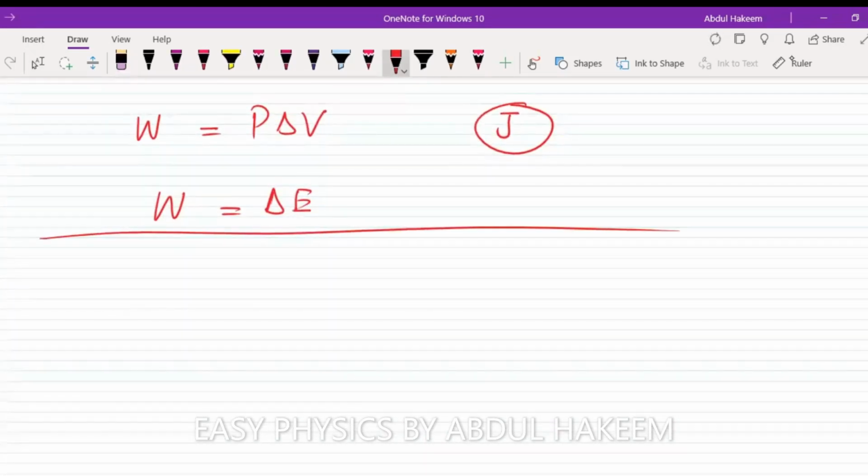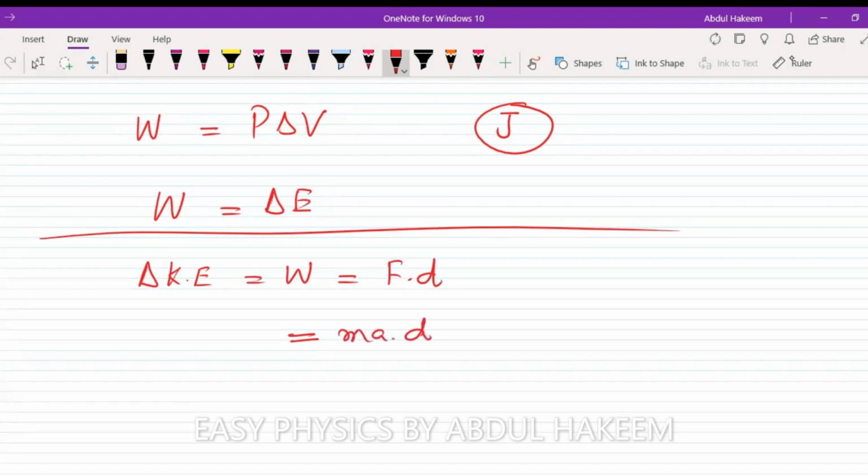There are many types of energy. For example, the first one is kinetic energy. The change of kinetic energy is equal to work, and work is Fd. When the object is at rest, we have to apply an unbalanced force, which will be equal to ma. The object covers a distance from one point to another, initial speed is 0, final speed is v, and it has some acceleration.